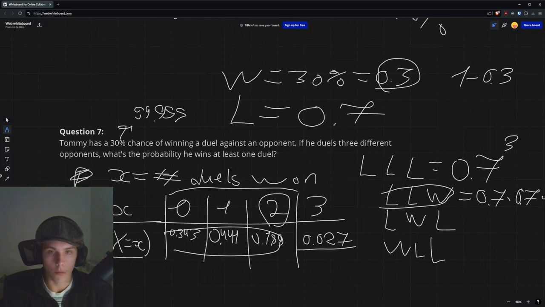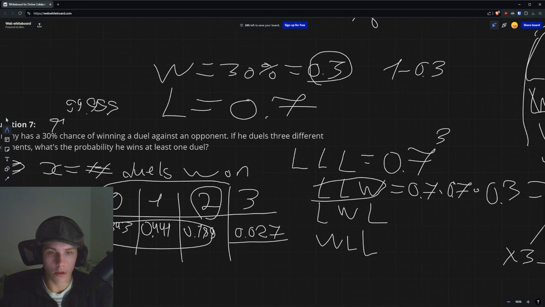So now we know the probabilities of him winning each number of times. Wins at least 1 duel: the probability that X is greater than or equal to 1. What does that give us? That's 1, 2, and 3.